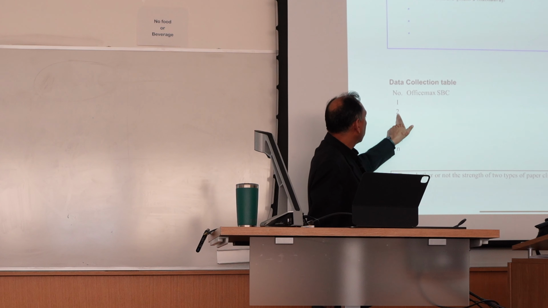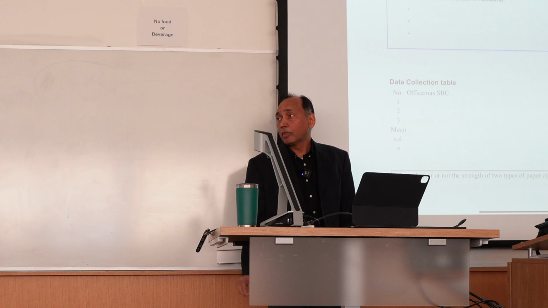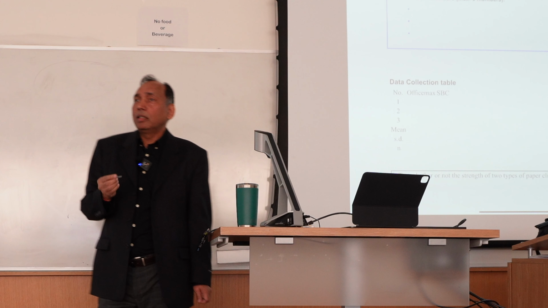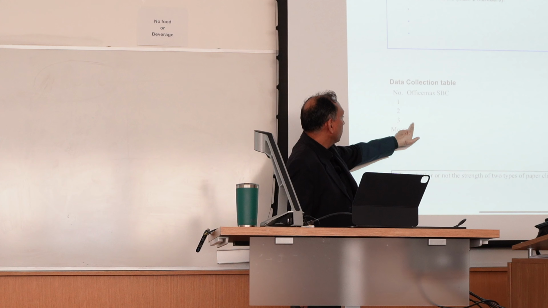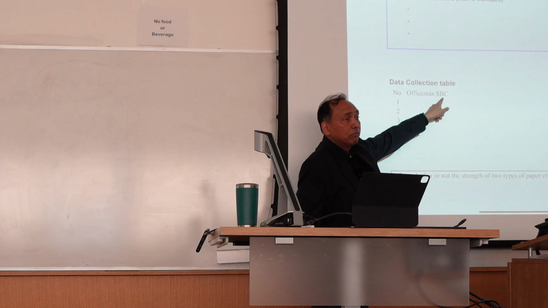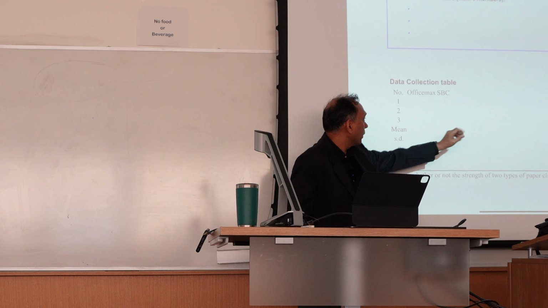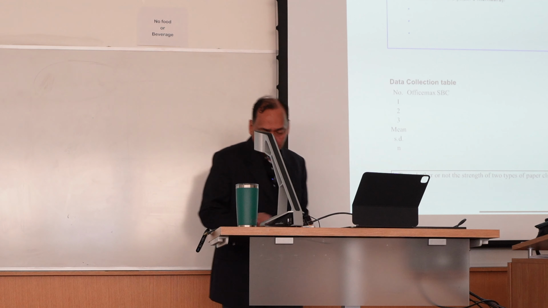And then you take the second sample and repeat this. You may not get the same result. Although they may be coming from the same batch or the same company, something may be different. So note down the second number, note down the third number. Repeat with the second company, 3 numbers. Find the mean for both situations, standard deviation, and sample size.